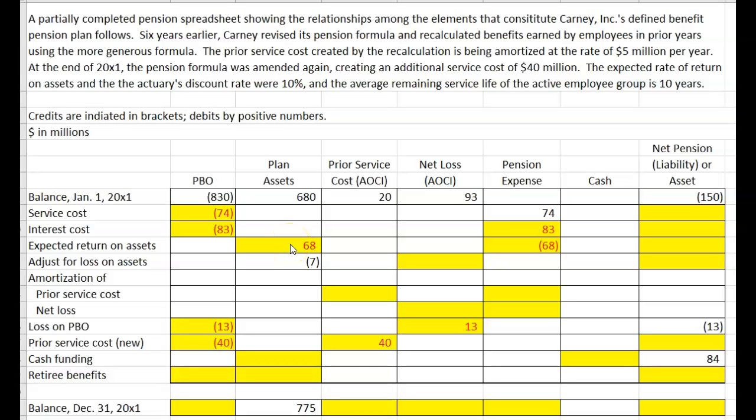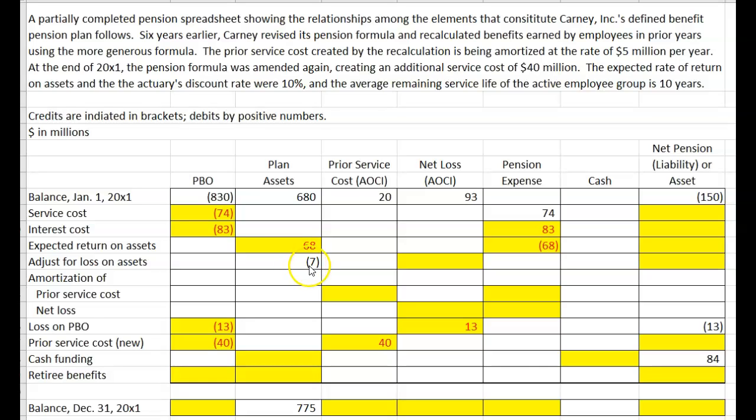So the plan assets have to be increased by the actual return on plan assets. As shown in the worksheet, the expected return was 10% or $68 million. However, as shown on the worksheet, the assets actually returned $7 million less than expected, generating a $7 million loss on the plan assets.